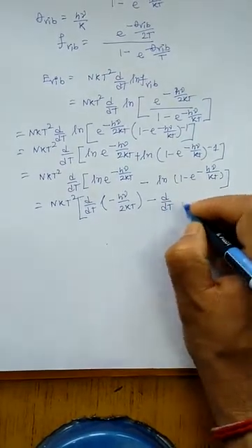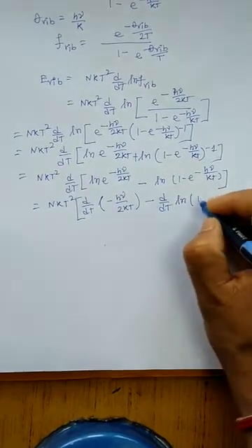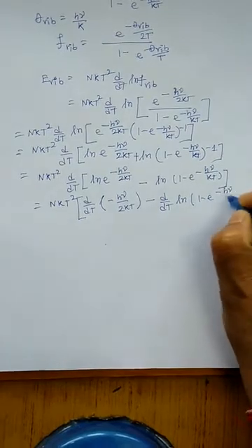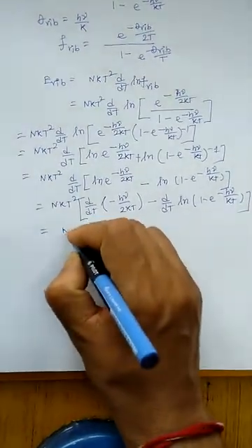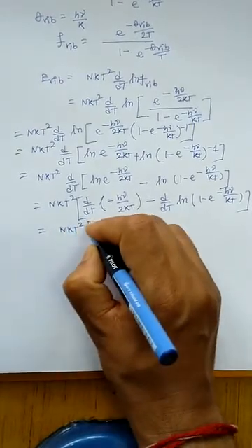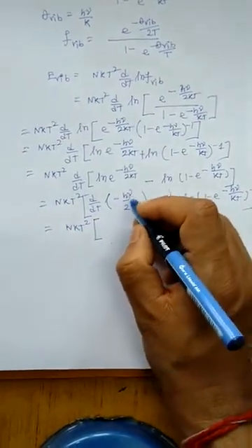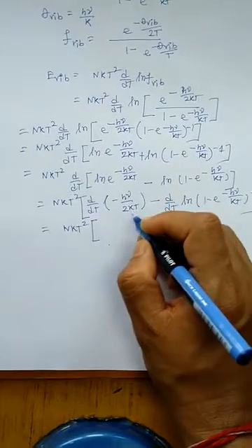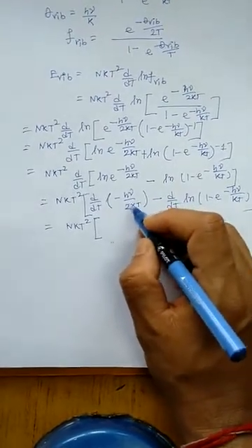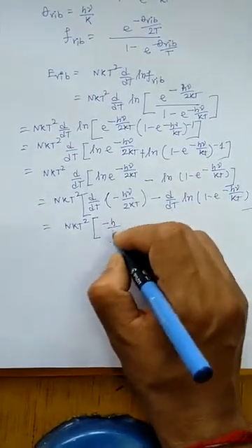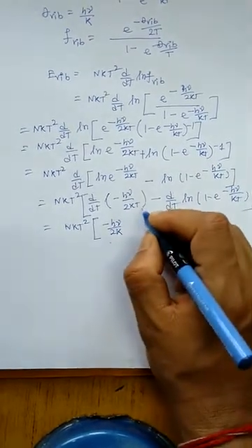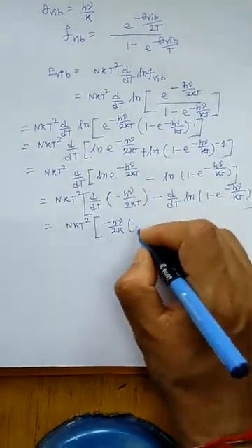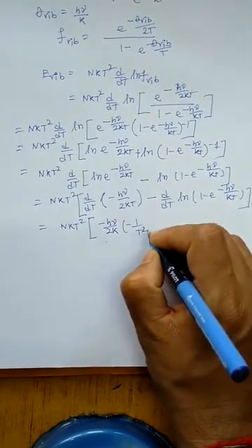So I just write d/dT of ln(1 minus e to the power minus h nu by kT). So NkT square times h nu by 2k, this is basically a constant quantity, minus h by 2k, so minus h nu by 2k is constant, so 1 upon T, d/dT of 1 upon T is basically minus 1 upon T square.